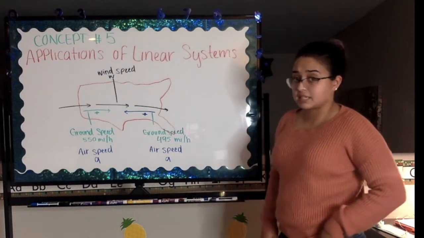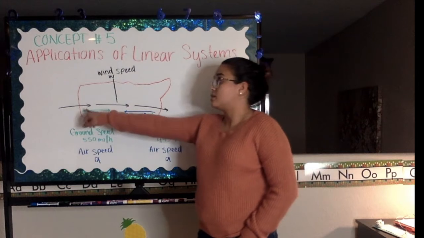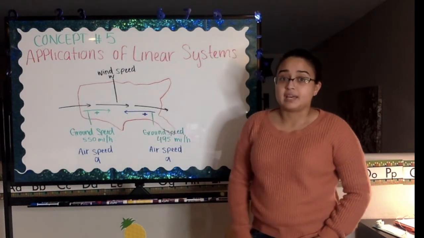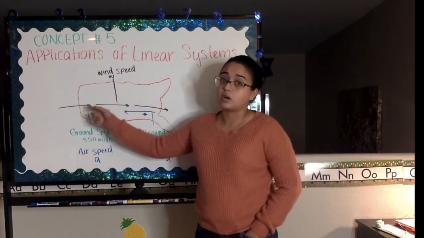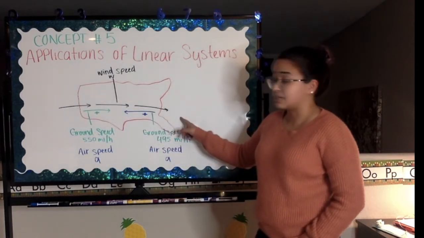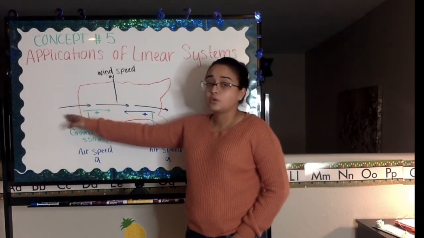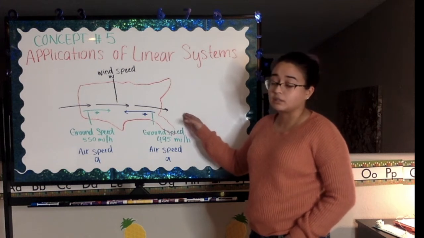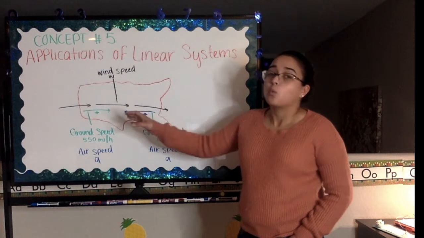So for today's example, we have somebody traveling from Los Angeles to North Carolina. As you can see, the wind, which is the black arrows, is going from the west side to the east side. Meaning that the plane going from Los Angeles to Charlotte, North Carolina, is going with the wind.